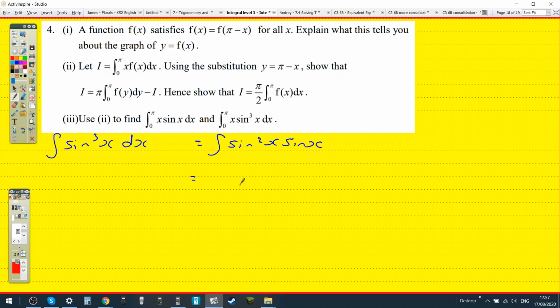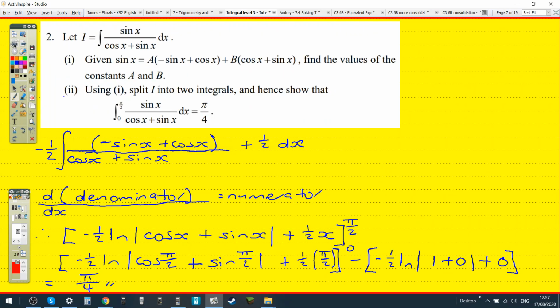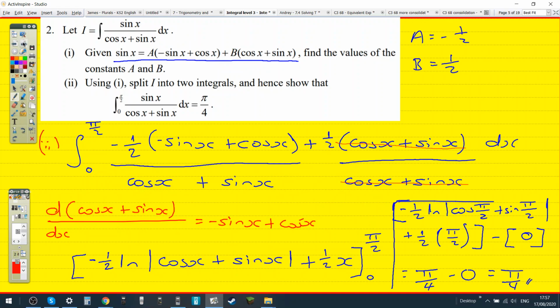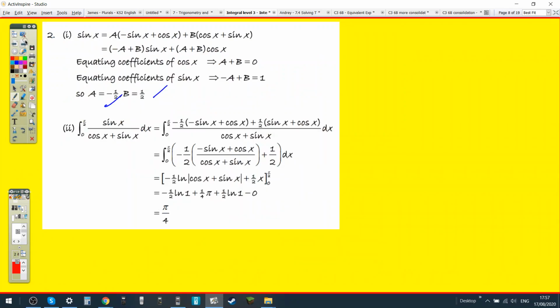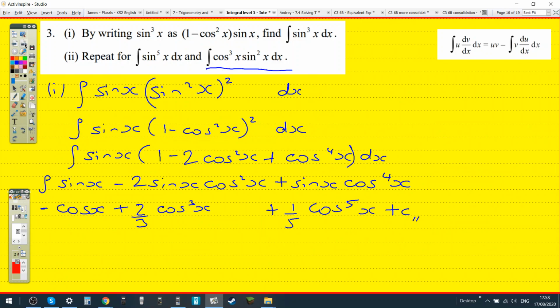Yeah, I think we did it earlier. Just go back. It was the next question, the one after this one. Question 3. Yeah. Sine cubed x. We got it, I remember.